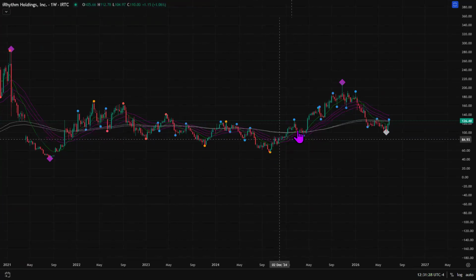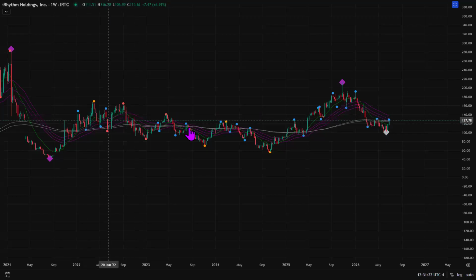All right. Prior to this impulsive move higher, we did trade pretty well in a downtrend, but sideways where the wave was in the tunnel. So we don't have a long history of being in an uptrend.